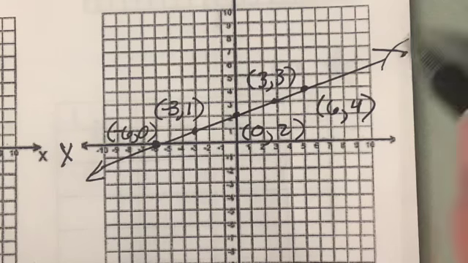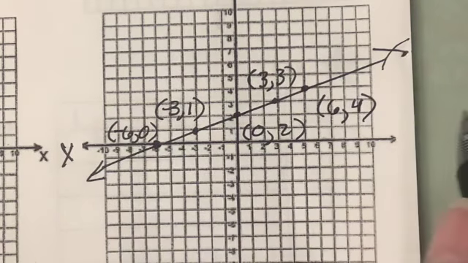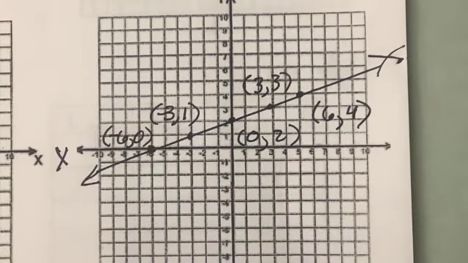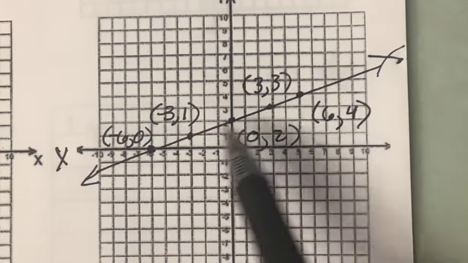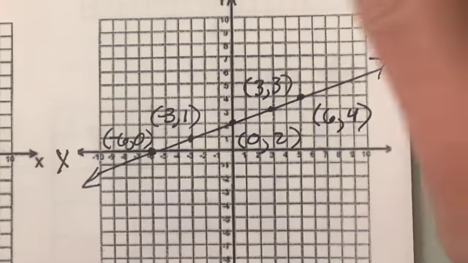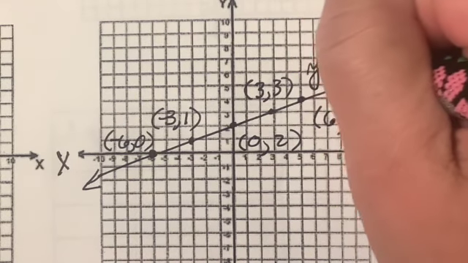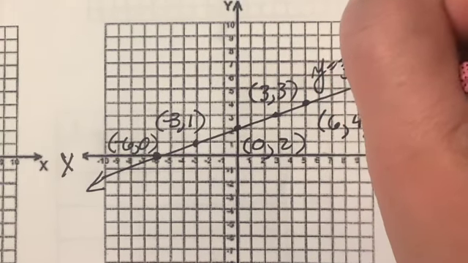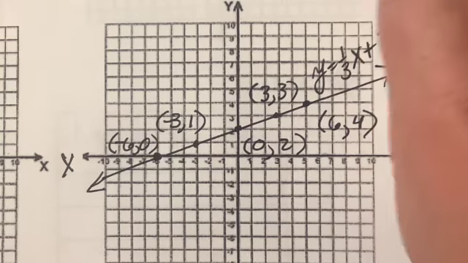You want to go all the way off the graph in both directions, because eventually you're going to be using these graphs for something different, and you want your line to be really long and going all the way across the graph. So y equals 1/3 x plus 2.